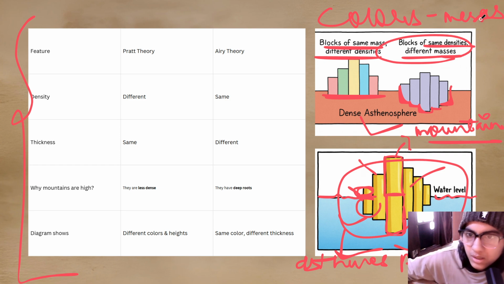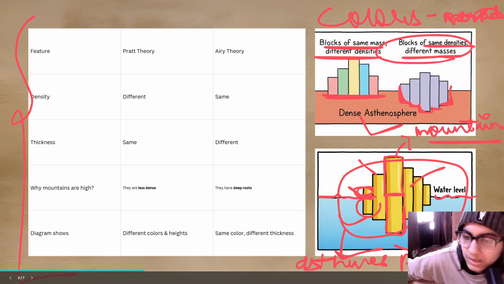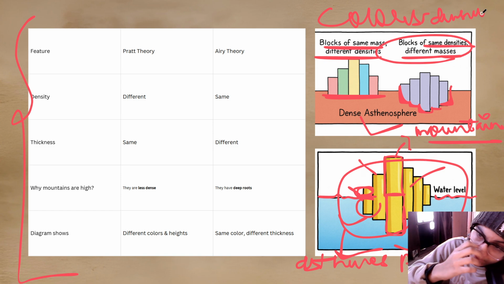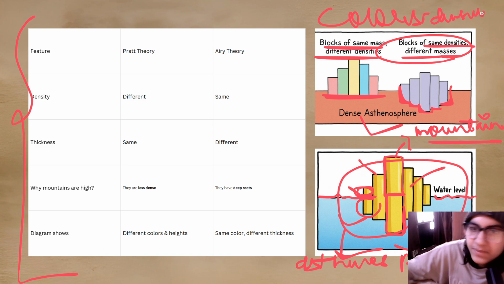Let me correct it: these colors show the densities, and this height below the surface shows the masses.